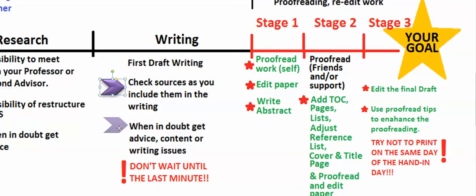And again, when in doubt, get advice, whether it's content or writing issues. You know where to find me if you want help with writing issues. So do not wait until the last minute. People cannot perform miracles.